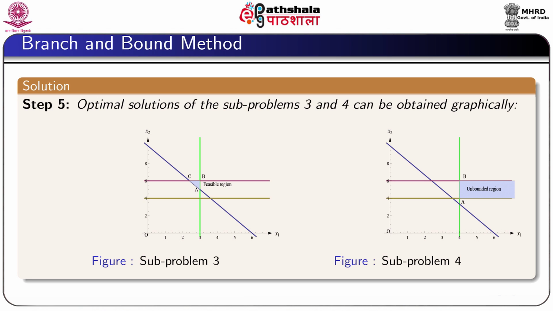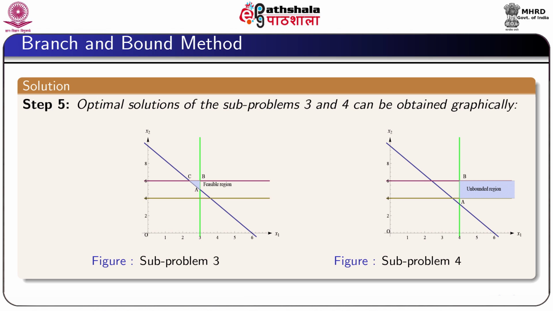For sub problem 3, we are getting a feasible region, whereas for the sub problem 4, we are getting an unbounded feasible region. But as we know, an unbounded feasible region not necessarily give unbounded solution.